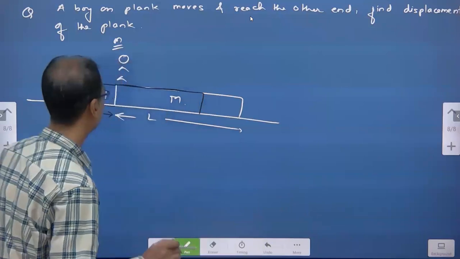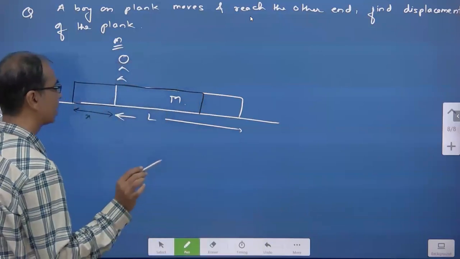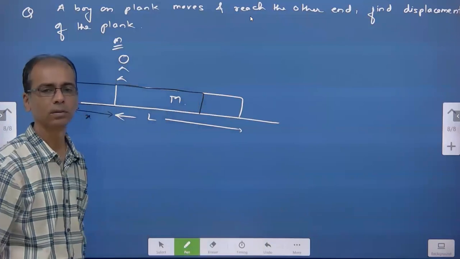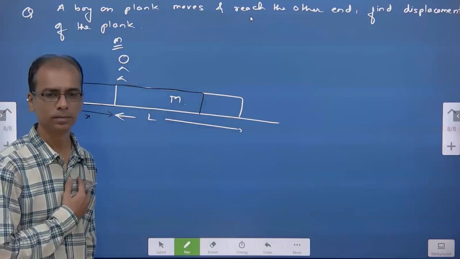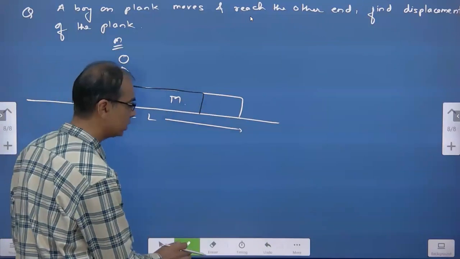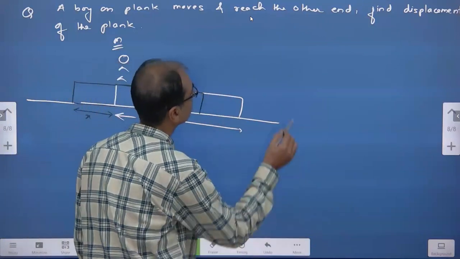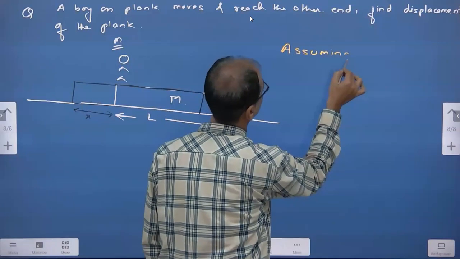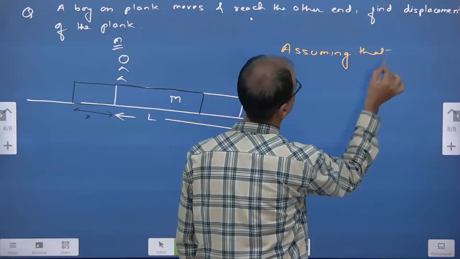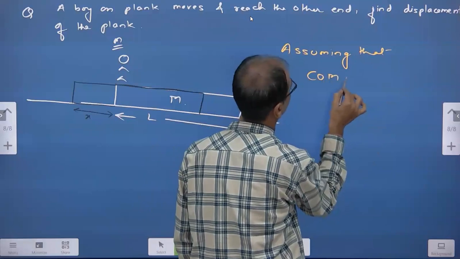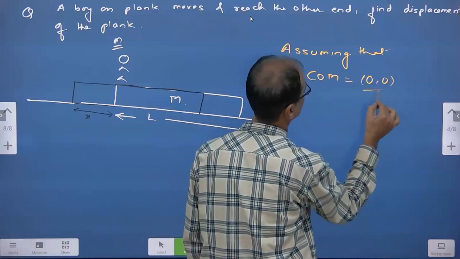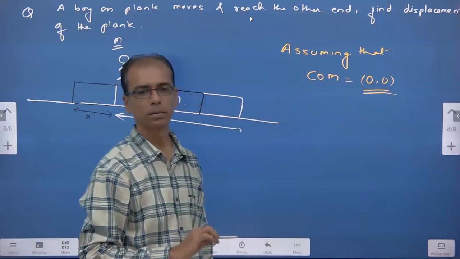Now I'm considering that initially the center of mass is at the origin. That's my assumption. How to solve this? First, assume the COM is at origin. Fine.